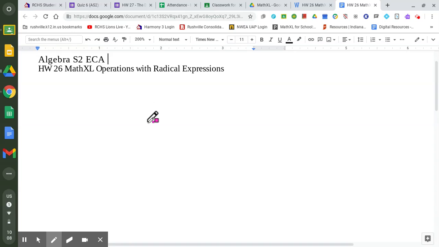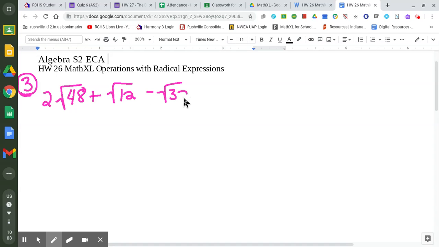Number 3 has quite a few steps to it because we have 3 different radicals that all need to be simplified. So over here, I'm going to do my factor trees.